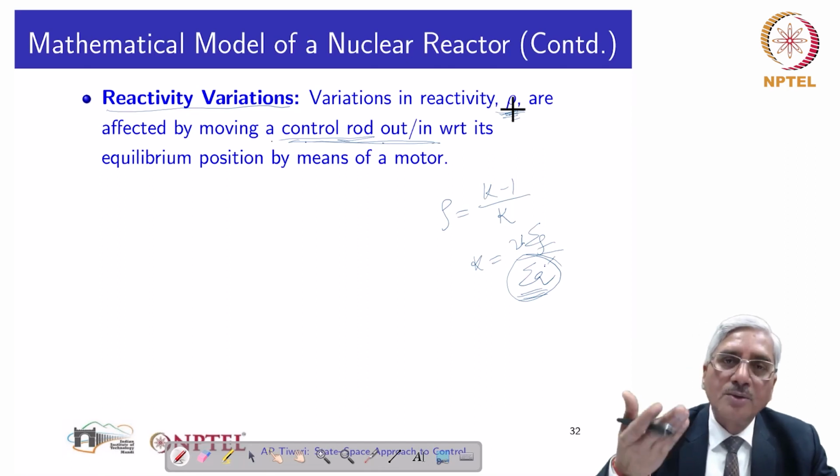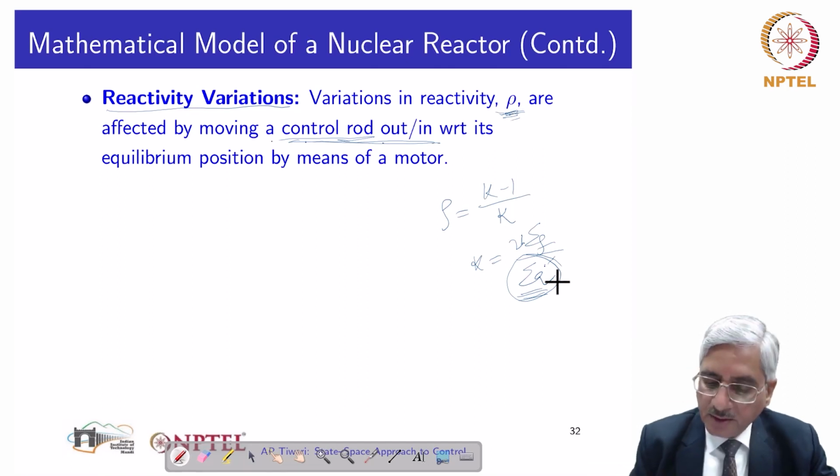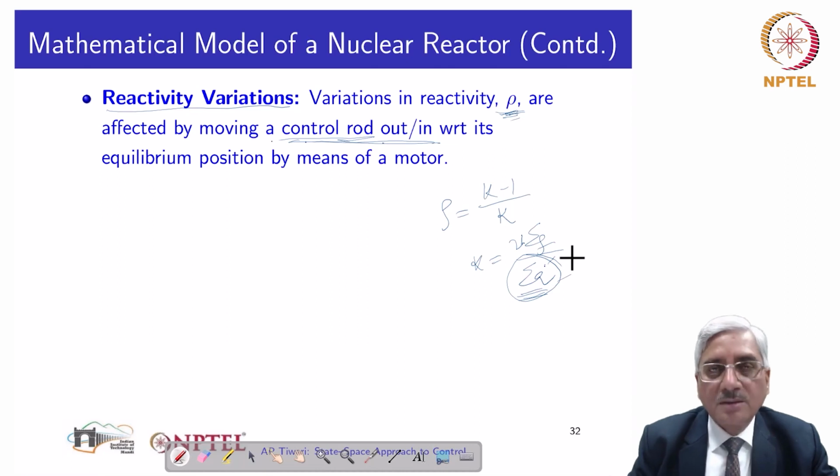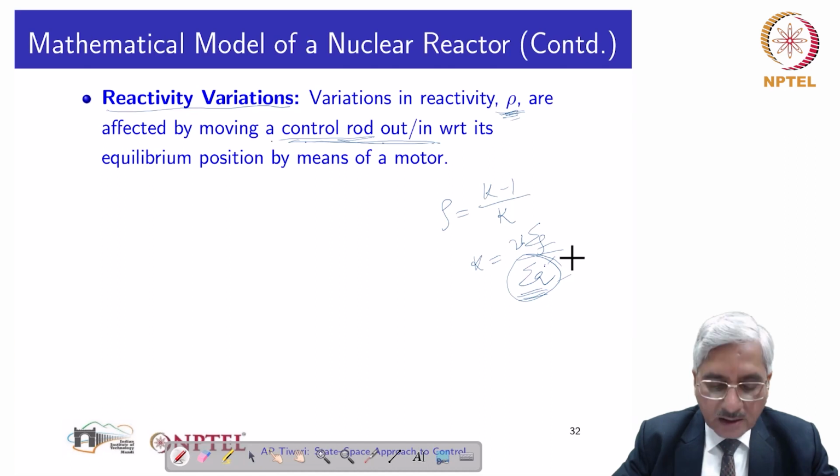When it is pulled out with reference to that, absorber reduces and the neutron fission interaction rate becomes faster. When it is pushed in reference to that position, the fission reaction reduces. Number of fission reactions per second reduces. And so thereby the reactivity is controlled.